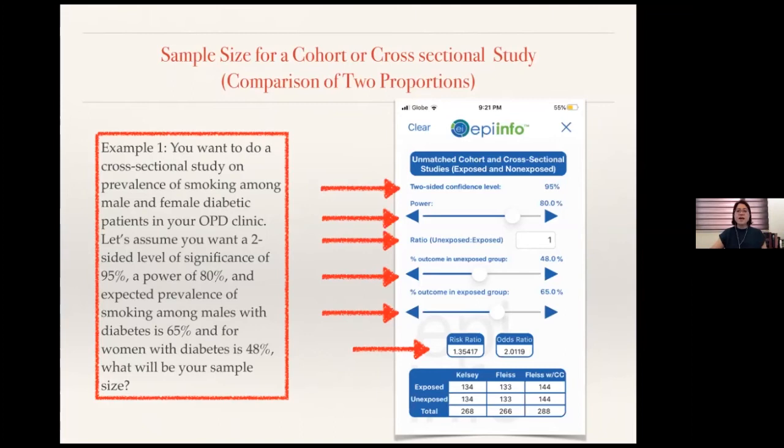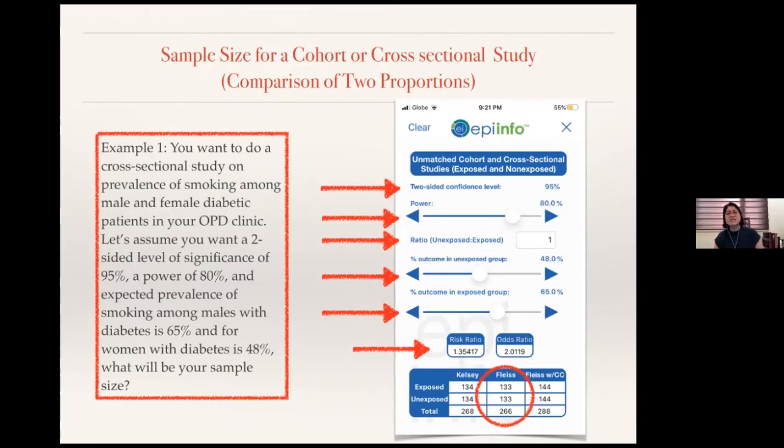Then what's going to happen is they're going to have this table wherein they have 3 different columns of results, no? So you have Kelsey, Fleiss, and Fleiss with continuity correction, yung CC, no? So, anong difference nito?